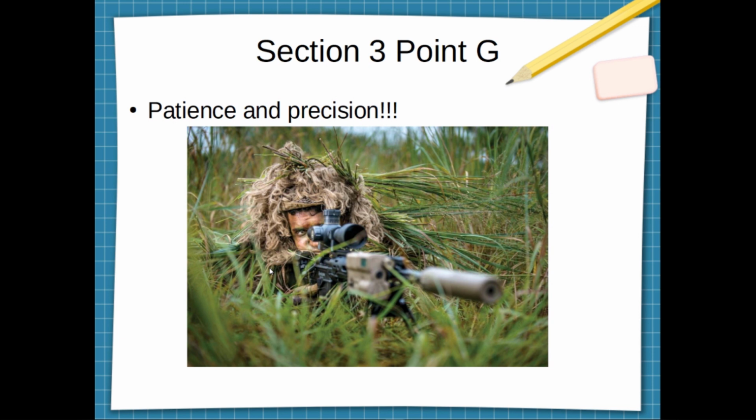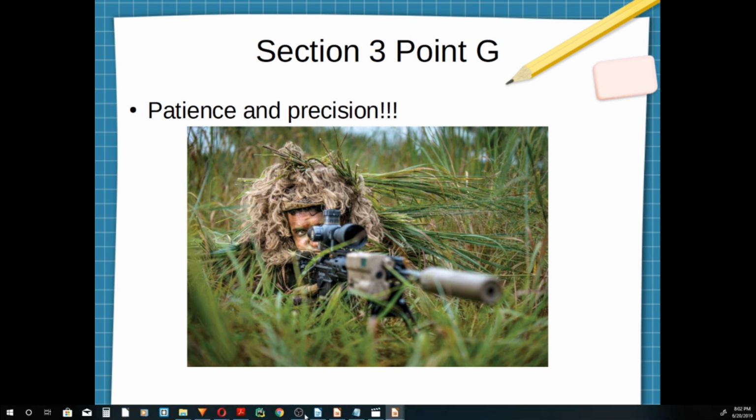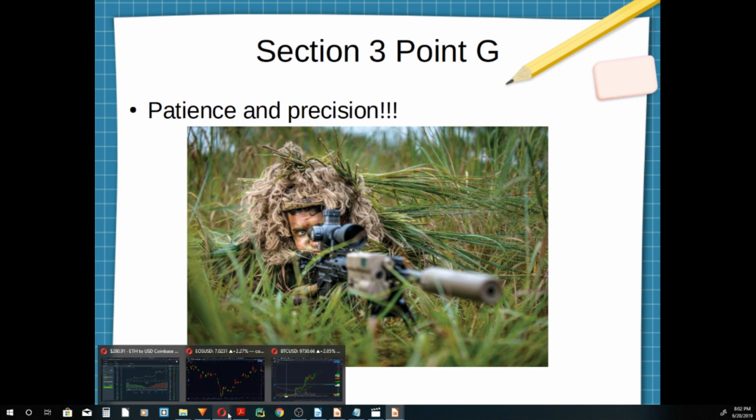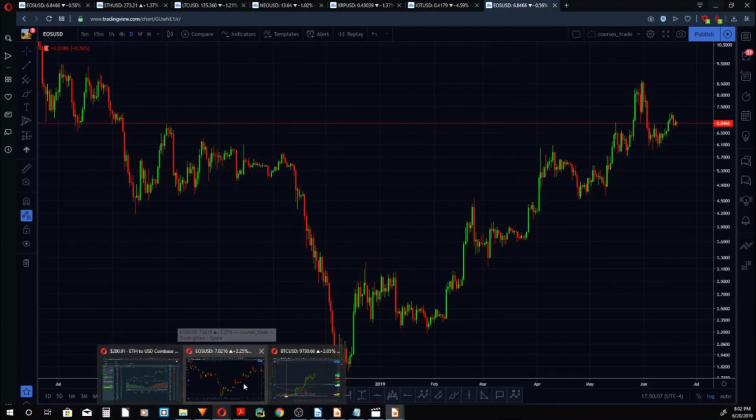Okay, there's one thing that you need to understand: when we enter a trade, we do not stick in front of the screen. We are extremely patient, and our precision is what we need to spot a decent target. This is the image of a swing trader. Okay, I'm gonna go to the chart, and then let's go ahead and do some study.